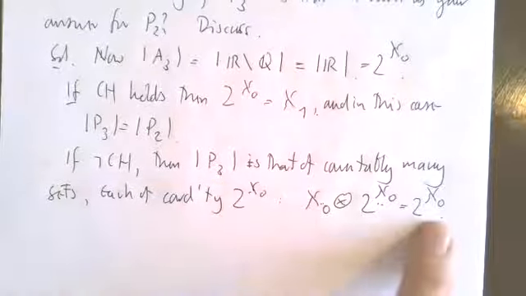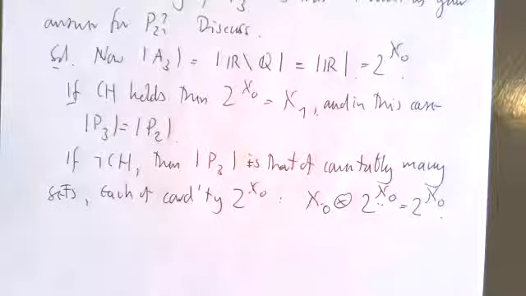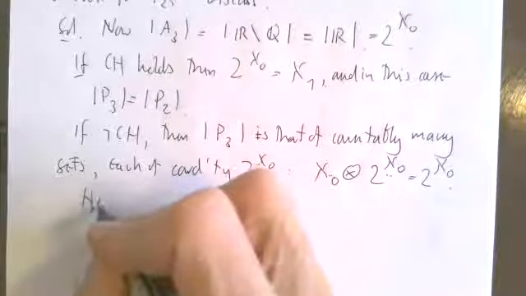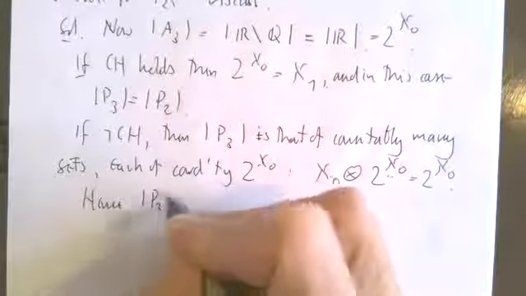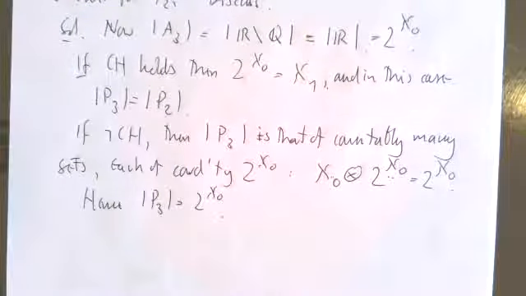So the cardinality of P3 is 2 to the Aleph 0, and that is, well, whatever it is, which we don't know. Okay, so that's that question there.